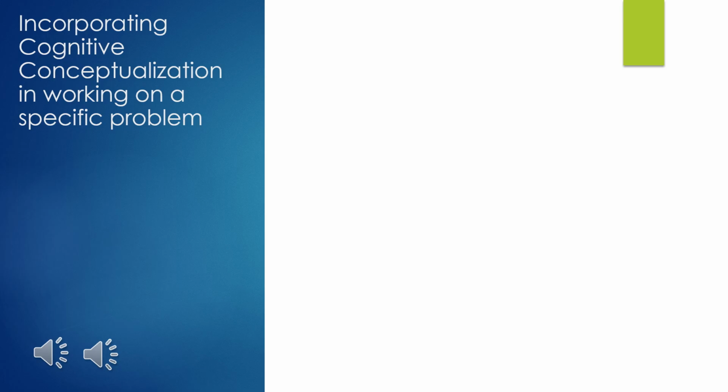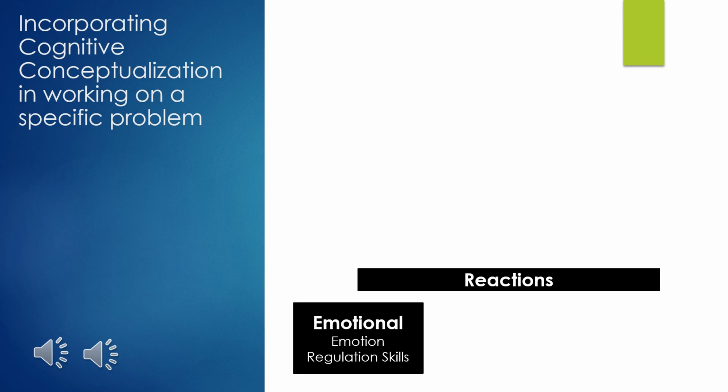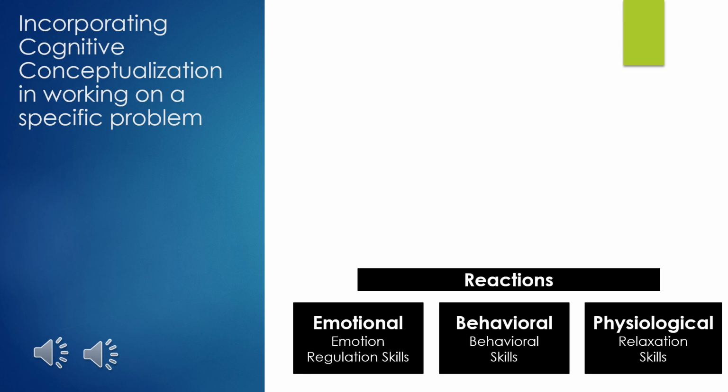So how do you incorporate the CCD in working on a specific problem in your regular session? As I previously mentioned, always start from the bottom, because these reactions to triggers, to the activating situation, at the emotional, behavioral, or physiological levels, are the problems that directly interfere with your client's daily functioning, right?